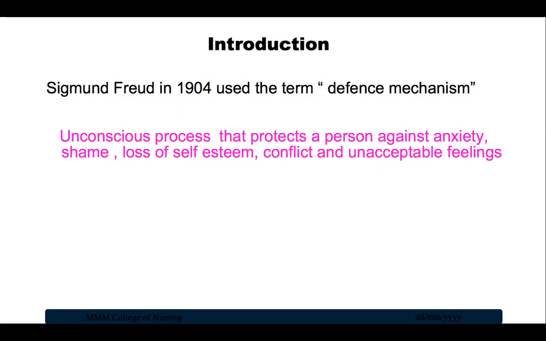Sigmund Freud in 1904 used the term defense mechanism to refer to the unconscious process that defends or protects a person against anxiety, shame, loss of self-esteem, conflict, or unacceptable feelings. According to Freud, when the id is in serious conflict with the ego and superego, the individual suffers from tension or anxiety.